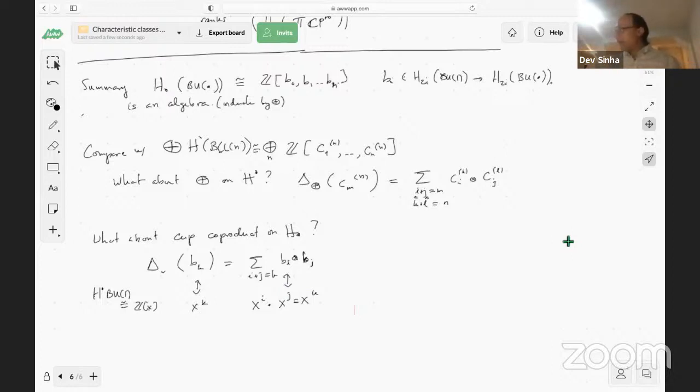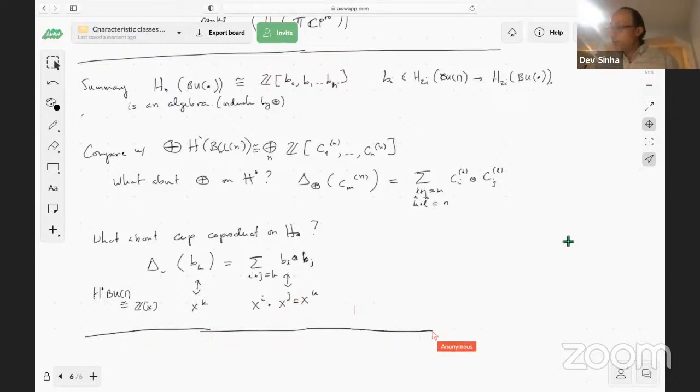Well, let's talk about that, but also within the context of understanding homology and cohomology together. A next thing to note is that this structure all behaves well.